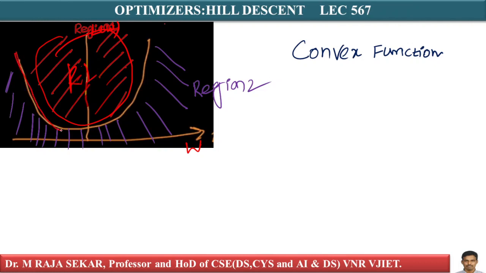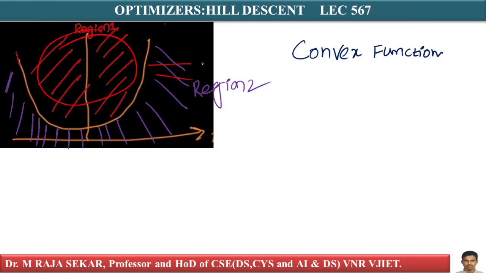Outside this one, let me say this is region 2. This particular curve is dividing this entire thing into two regions. Inside this one is region 1, outside this one is region 2. How many regions do we have here? We have two regions. This function is called a convex function.